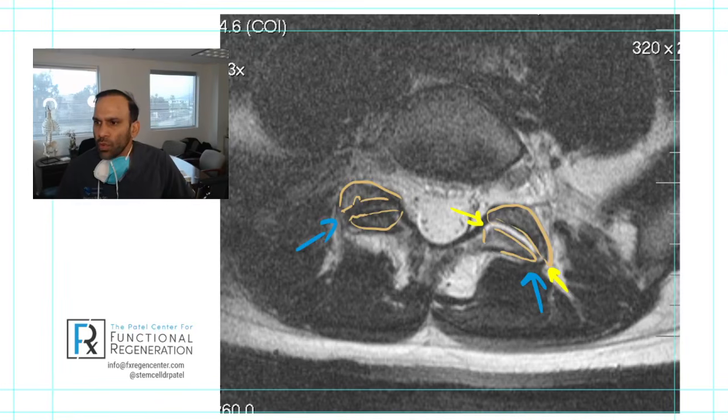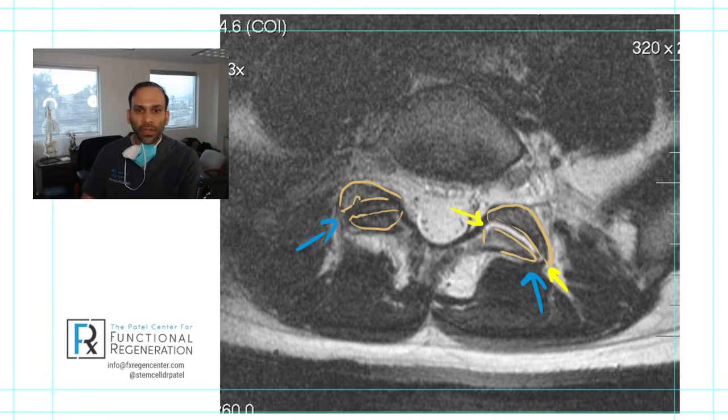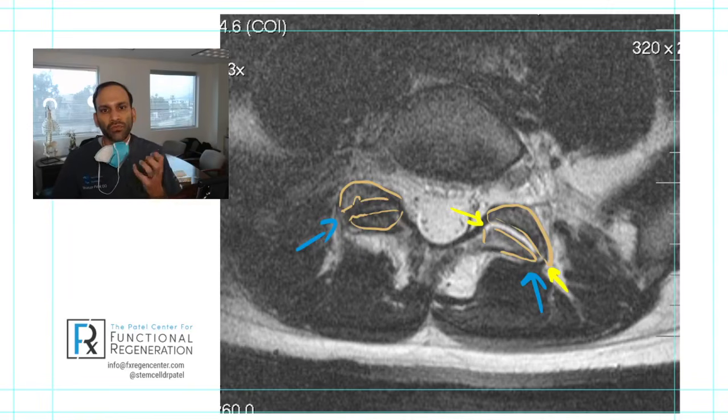So what is that white stuff in there? Well, that's actually, in this cut, inflammation. So fluid in this sequence, which is called a T2 sequence, fluid shows up as bright white particularly. So that white that we see inside that facet joint is actually some inflammation or some fluid inside the joint.